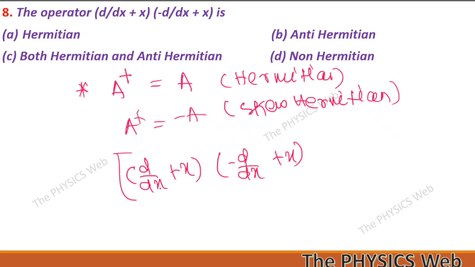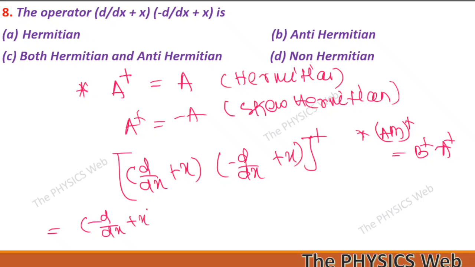Okay, so if I apply the dagger on the whole expression, we know that (AB) dagger will be B dagger A dagger. So this will be minus (d by dx plus x) dagger into (d by dx plus x) dagger. So this will be equal to, now see, minus, and the dagger of d by dx.